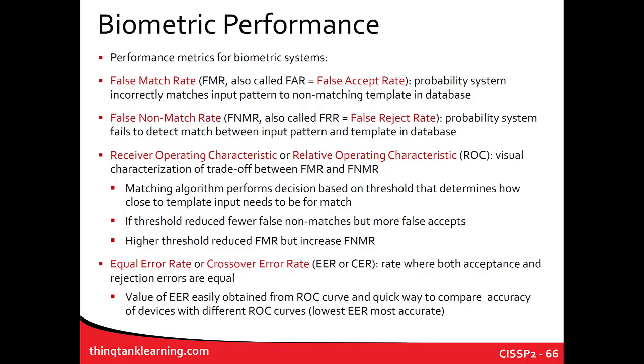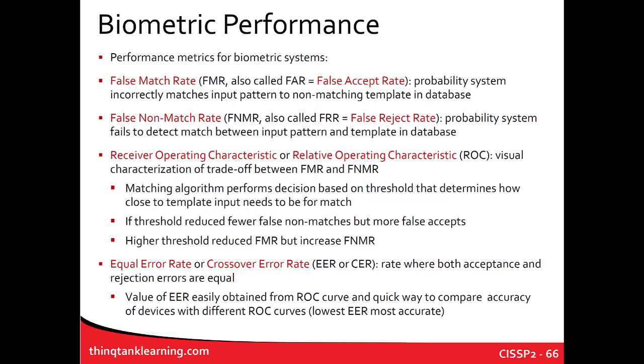We also have ROC, Receiver Operating Characteristics. This is a graphical tool that shows the trade-off between the FMR and the FNMR. We can adjust the threshold of the matching algorithm to affect both rates.